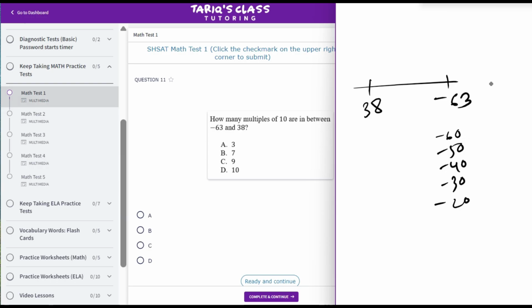Multiples of 10 means you can divide it by 10. Okay, so negative 10, can you divide by 10? Yeah. So 0, can you divide 0 by 10? Yeah, that's 0. So how about then 10, 20, 30? Okay, so that's how many? 1, 2, 3, 4, 5, 6, 7, 8, 9, 10. So option D.